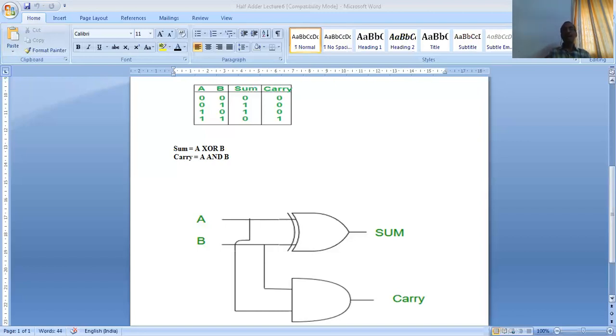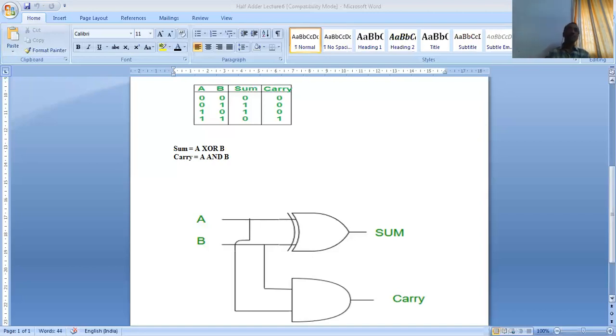And in the last case, A equal to 1 and B equal to 1, here exactly logic addition takes place and carry is 1.